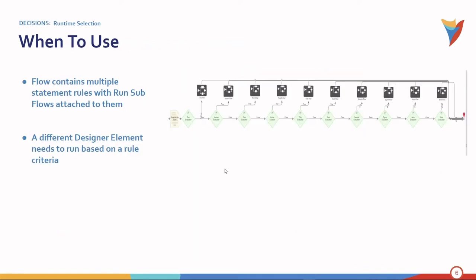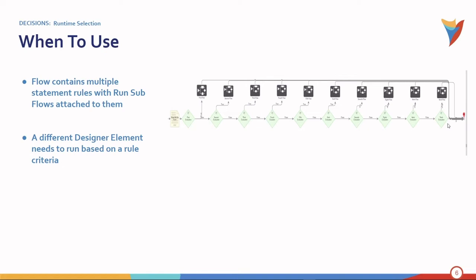Now, as I mentioned before, when do you want to use this? So maybe your flow contains multiple statement rules with run subflows attached to them. As you see, this is very detailed or very monotonous, where you're going through multiple statement rules and multiple subflows.